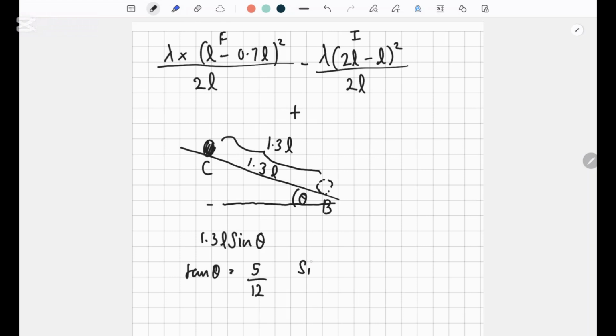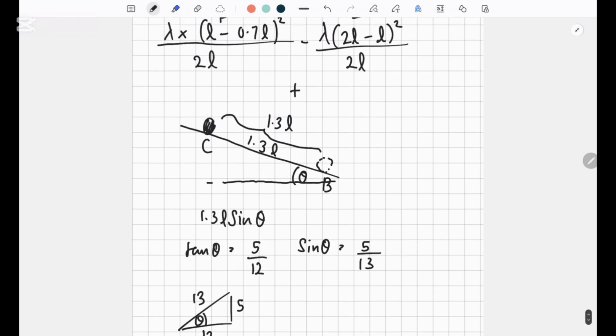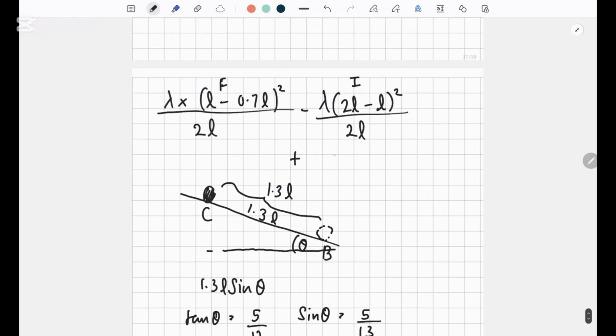To find sine theta: theta, opposite side, adjacent side, 5 squared plus 12 squared is 169, so the hypotenuse is 13. So sine theta is 5 over 13, right? So this is going to be plus mgh equals 0.